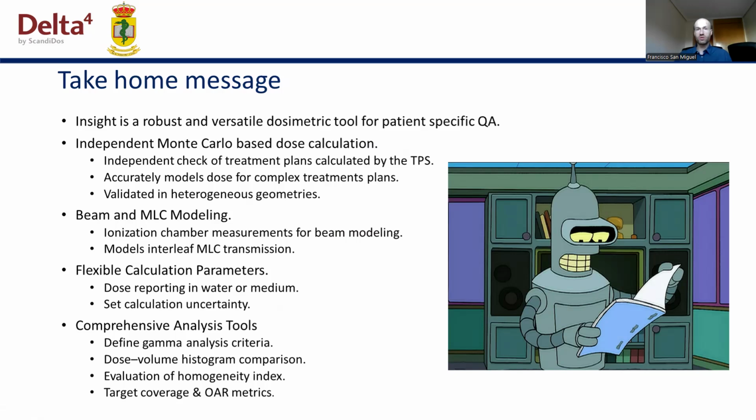First, it allows customization of the gamma analysis criteria through different parameters. And in addition, it also enables the comparison of both calculated dose volume histograms within the same view, supports the evaluation of the homogeneity index, and the target coverage and organs at risk metrics.